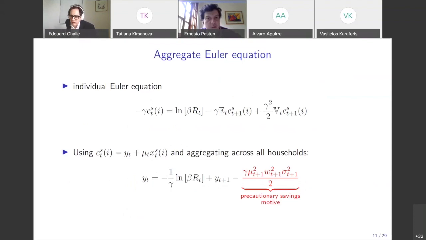So yes and no. To be precise, what they show is that when you make markets more incomplete, the direct and the indirect effects of monetary policy change, but in an offsetting manner.